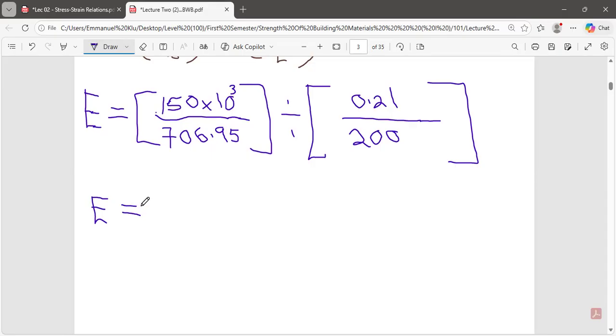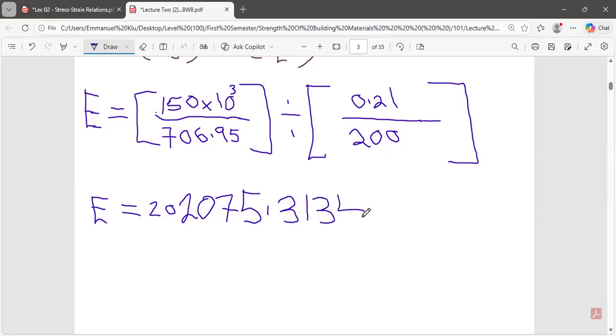Let's all quickly put that down. So we are getting 212075.3135 Newton per millimeter squared.